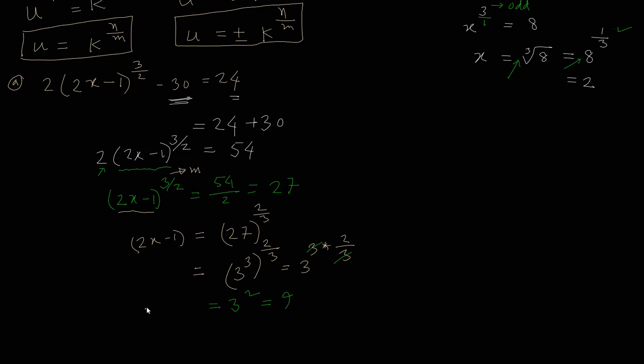So 2x minus 1 is equal to 9. I can write 2x equals 9 plus 1, which equals 10, so x equals 5. This is my solution for this particular problem.